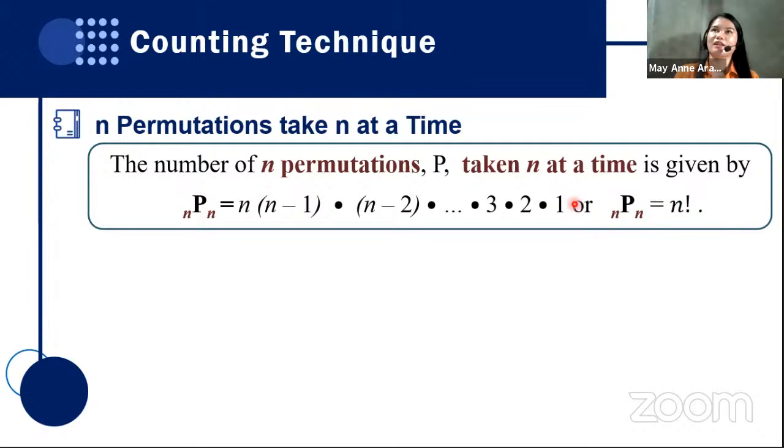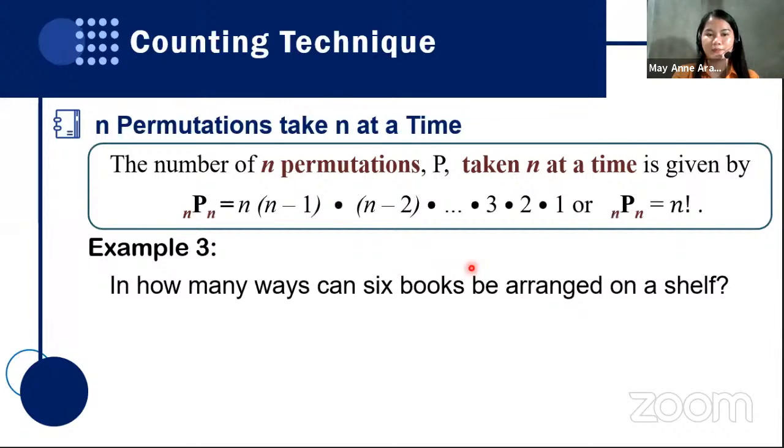So when you say factorialization, minumultiply lang siya pabalik, no? For example, 5 factorial is 5 times 4 times 3 times 2 times 1. And take note that 0 factorial is equal to 1. Okay, for example, in how many ways can 6 books be arranged on a shelf? Well, there are 6 books. So, lahat sila i-arrange.